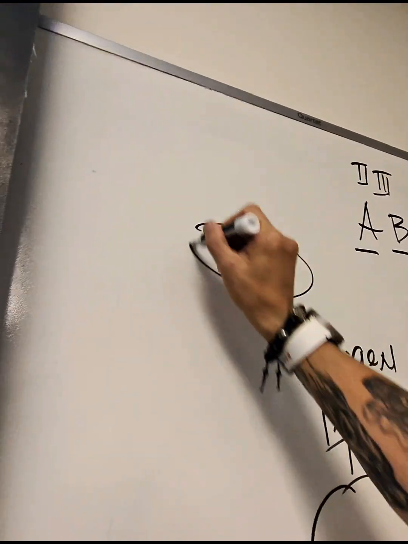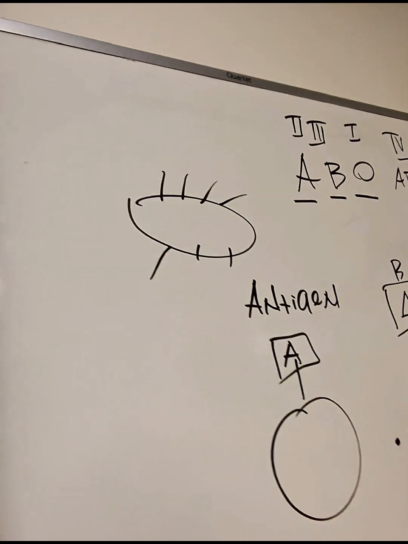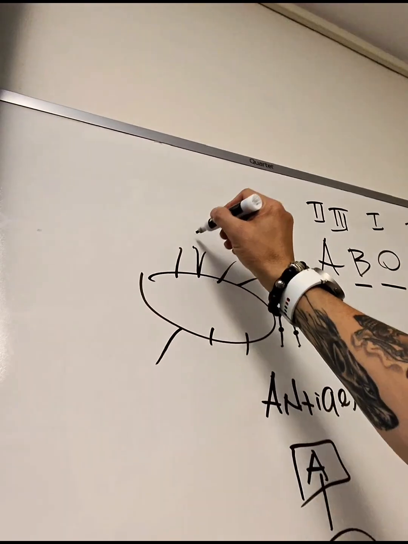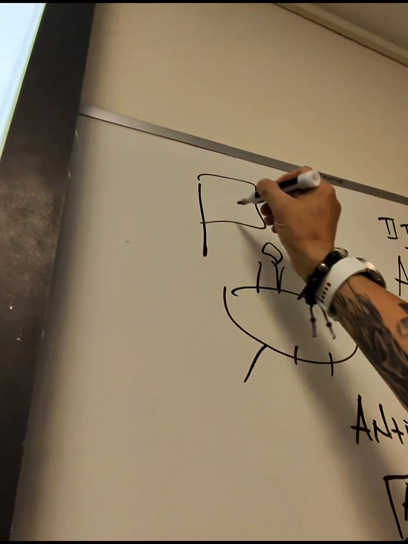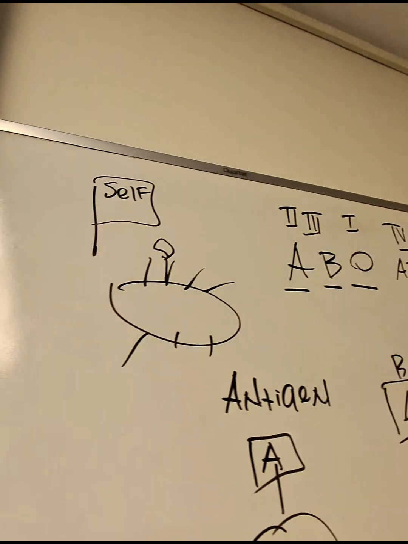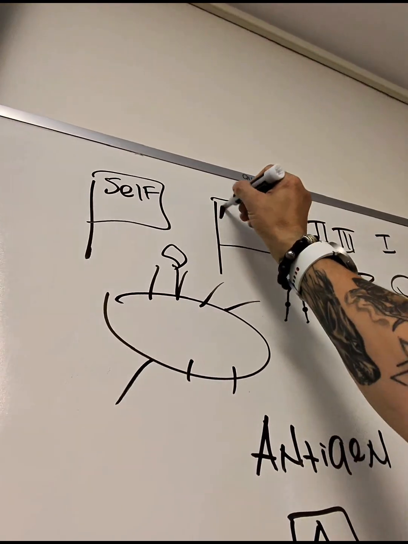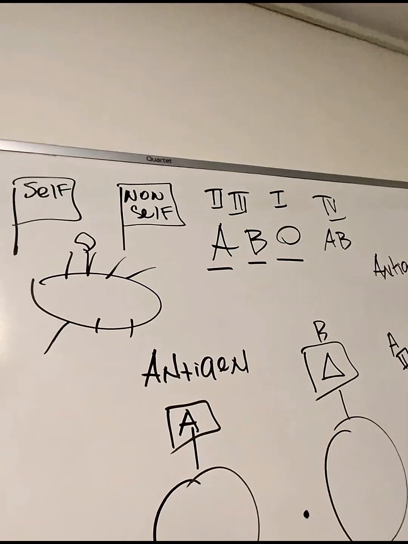Because a pathogen that wants to enter our system also has antigens, like that. An antigen is like a flag that says self, meaning I represent your system, or a hypothetical flag that says non-self, that does not represent my system.